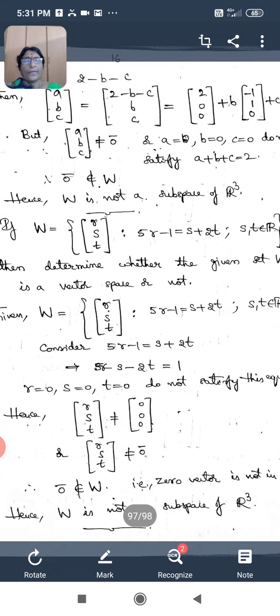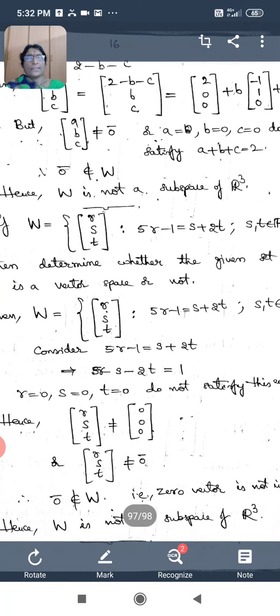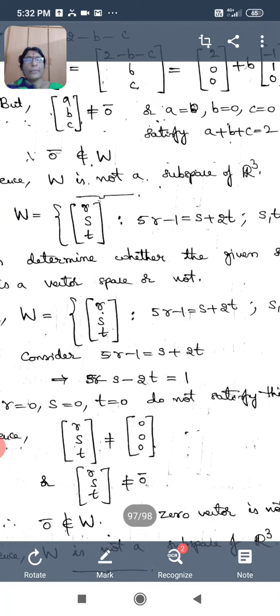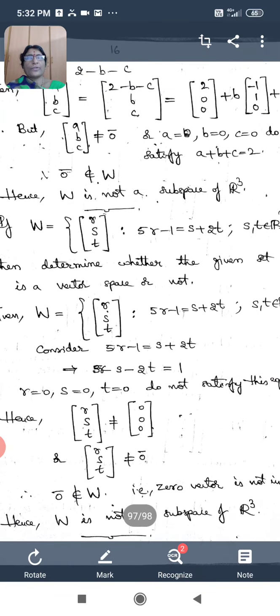Why have I taken this set R3? Because R3 is the three-dimensional vector space of real numbers, consisting of all 3 by 1 column vectors. Here also, by the definition of W in the problem, W also consists of all 3 by 1 column vectors. That is how W is a subset of R3.